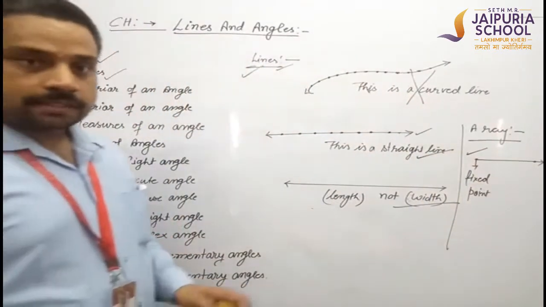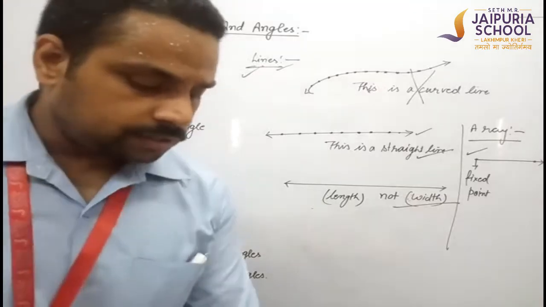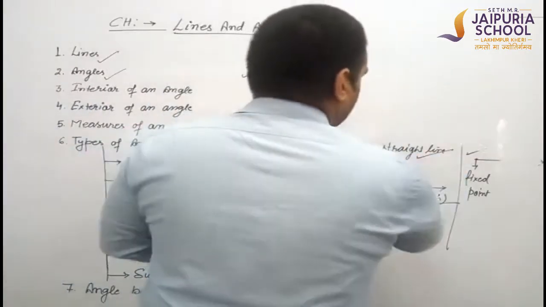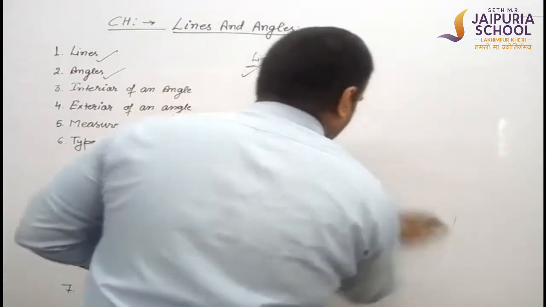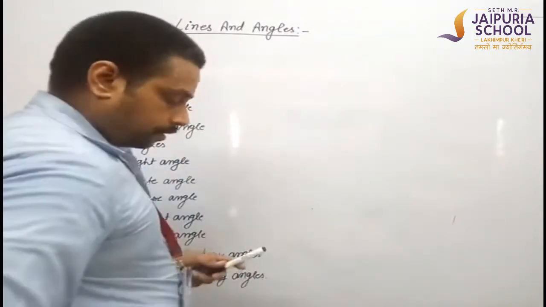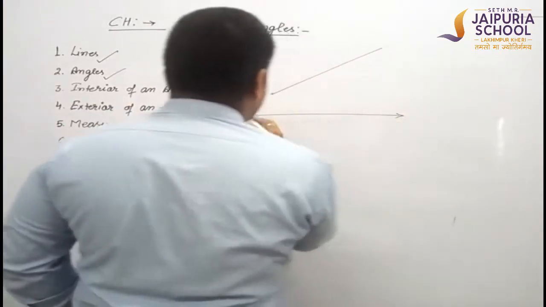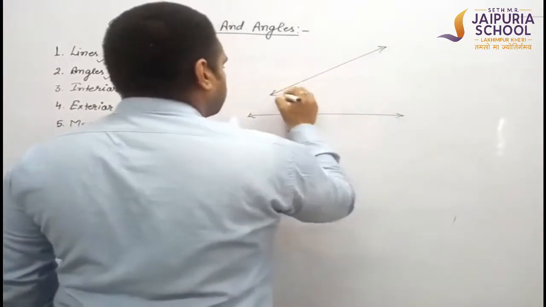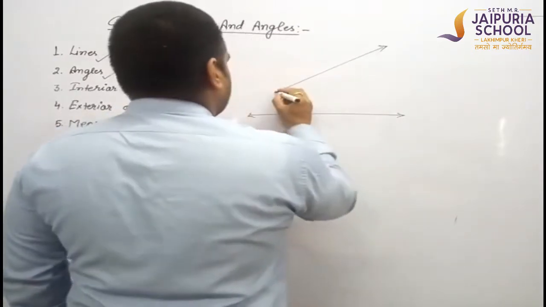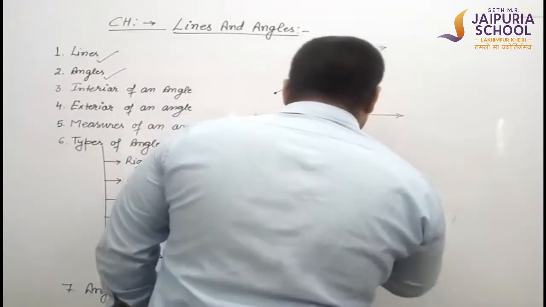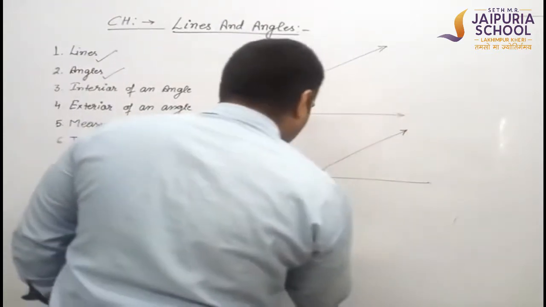I think this is clear to you because I am taking the revision class here. Now this is a ray and this is a ray, with a fixed point. I am taking another combination of two rays.